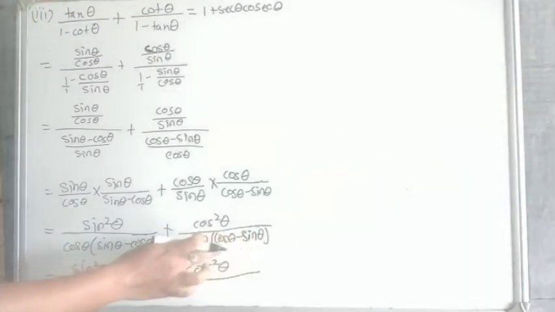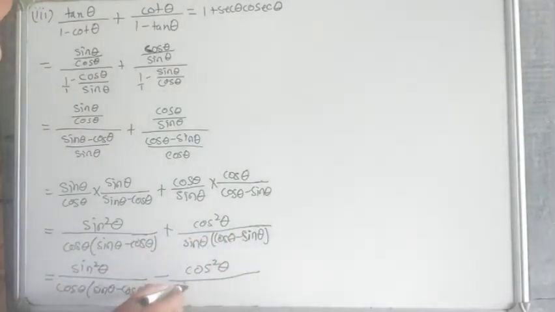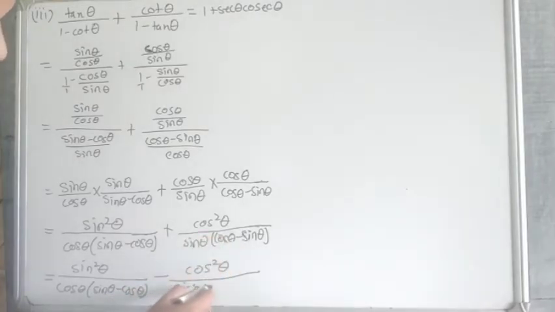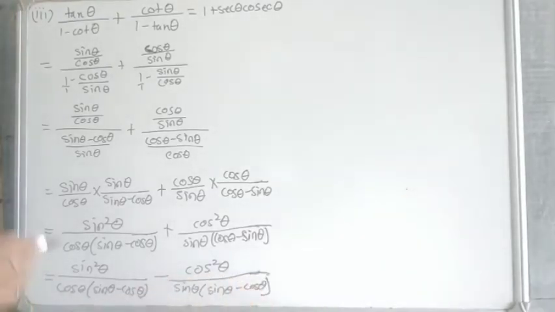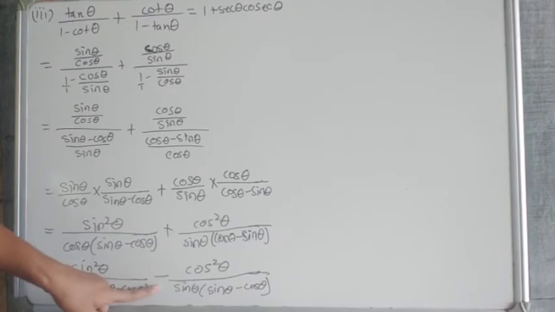Here when I multiply, this sin theta will remain the same and this whole set will change into this one. I am writing directly that sin theta minus cos theta. But you have to understand what I did. This plus became minus, and because of this plus I made it into minus.